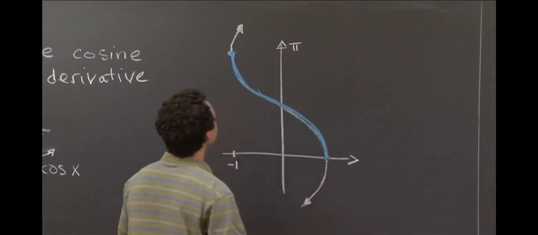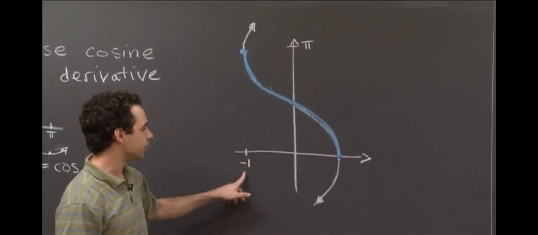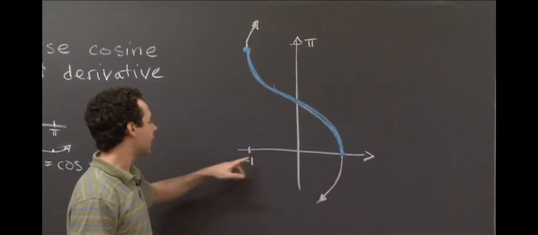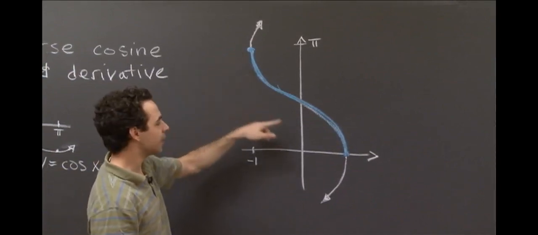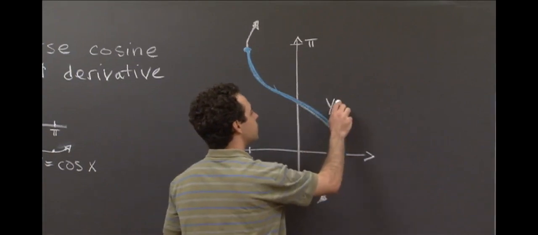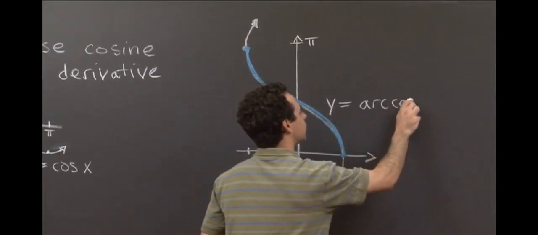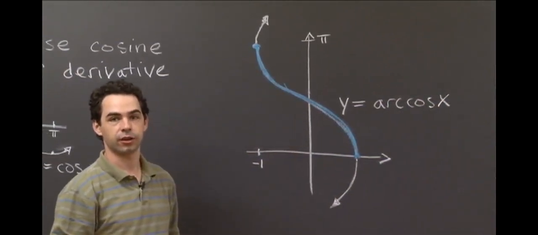So it goes from x equals -1 to x equals 1. And when x is -1, we have y is pi. And then when x equals 1, y is 0. So this curve is the graph of the function y equals arccosine of x.